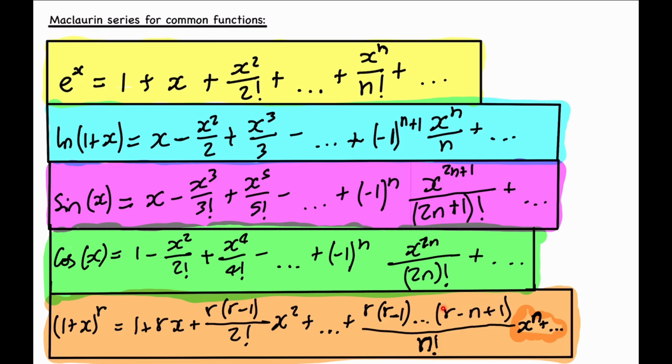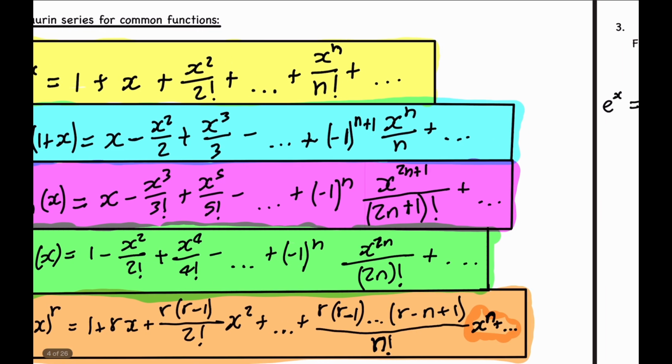So you keep reducing the number, and minus n plus 1. And then you divide this all by n factorial, so n is just the number of the series. So like this would be 0, 1, 2, and then you keep going, so this one will be 3, and then multiply it by x to the power of n. So here was 2, the next one will be 3, etc.